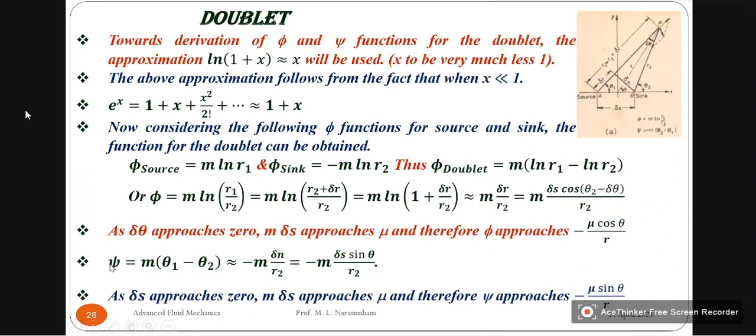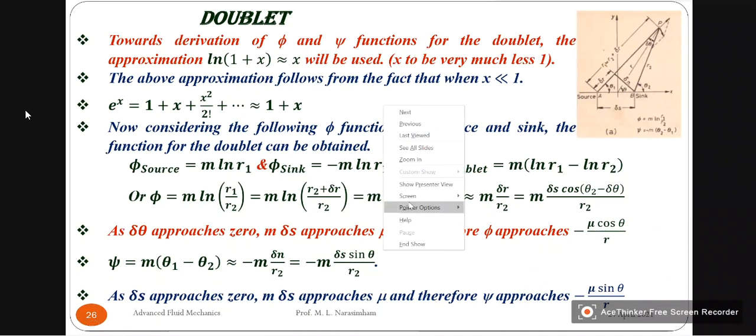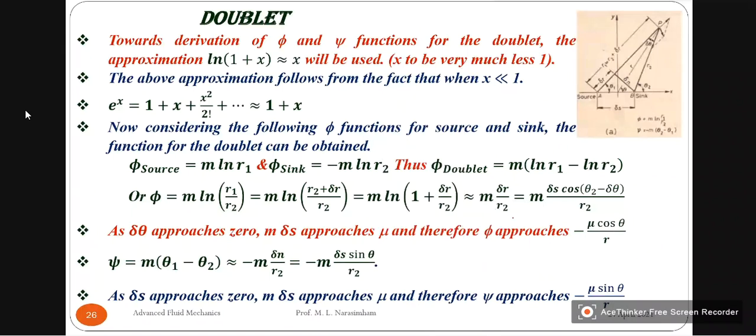So the phi function of a doublet is therefore this.